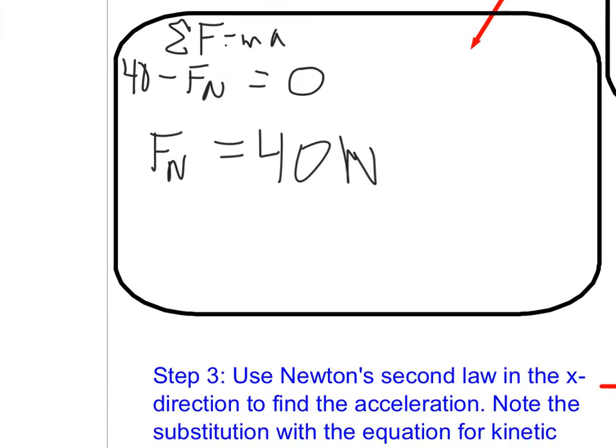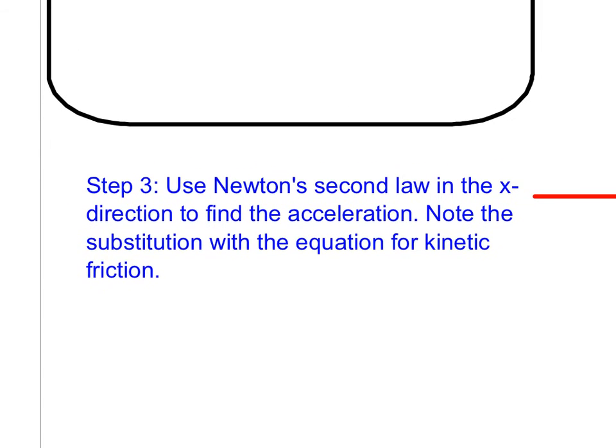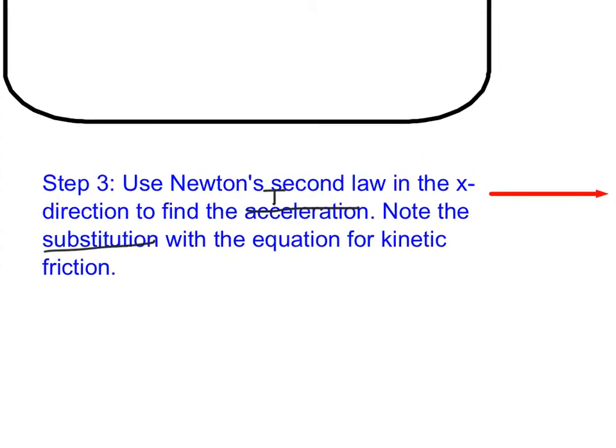So from here we want to go into the x direction now. We're really worried about the tension, and there's a little typo here. Instead of finding the acceleration, we are going to find the tension. And because tension is in the x direction, we now need a Newton's second law equation for the x direction. So we are going to use substitution with the equation and the kinetic friction here. Again, we start off with net force equals ma.